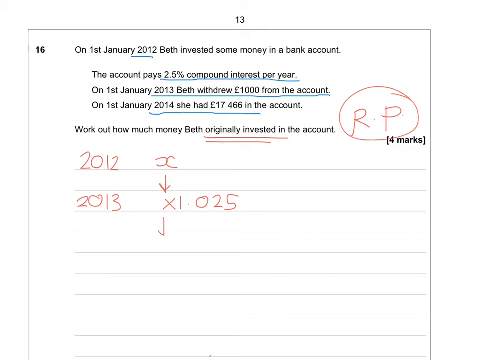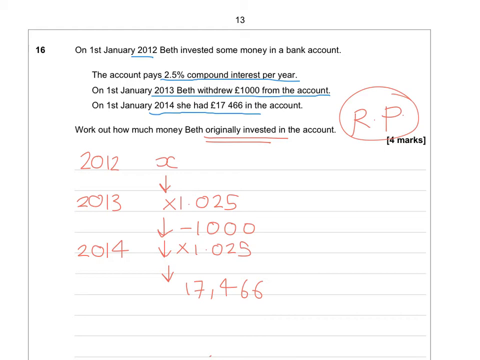Now, before we get to 2014, £1,000 was withdrawn from the account, and we then get to 2014, which is another year, which means we multiply by 1.025 again. And this gets us to our final value of 17,466.